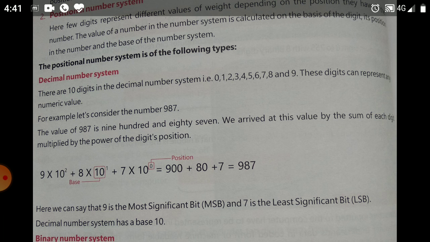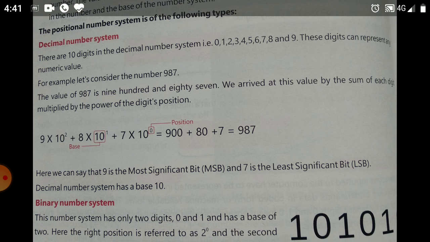But for 1 in the number 12, the face value is 1 and the place value is 10, because 1 lies in the tens place. So based on that we are going to study this number system.